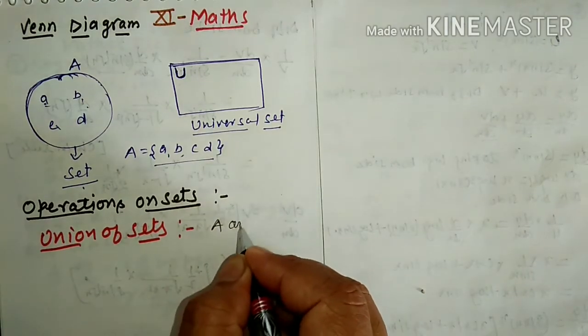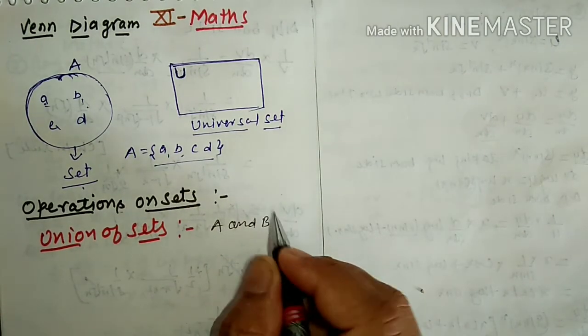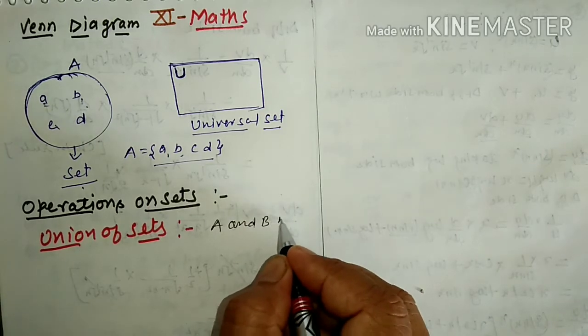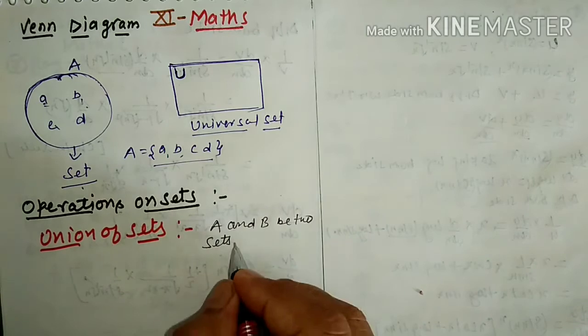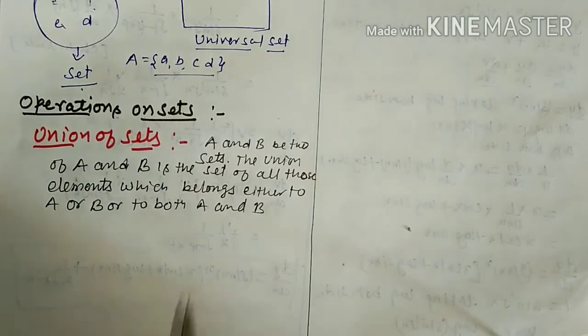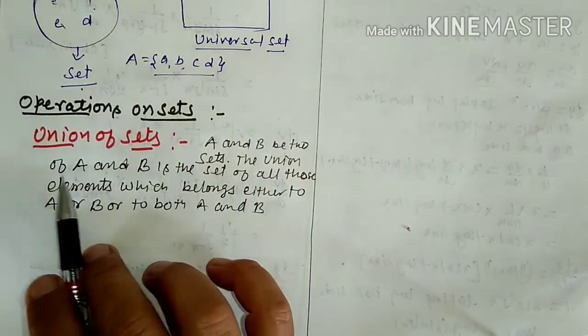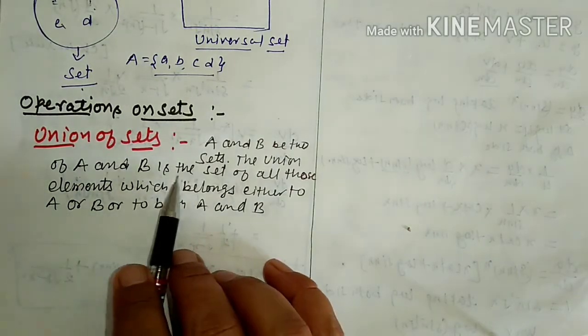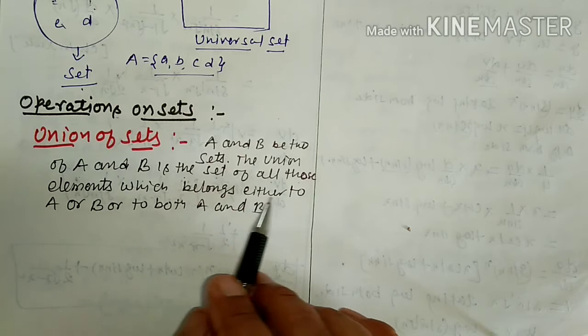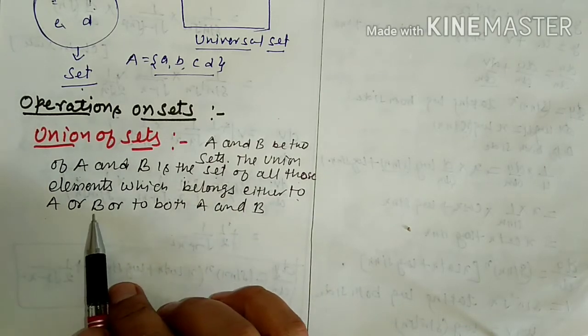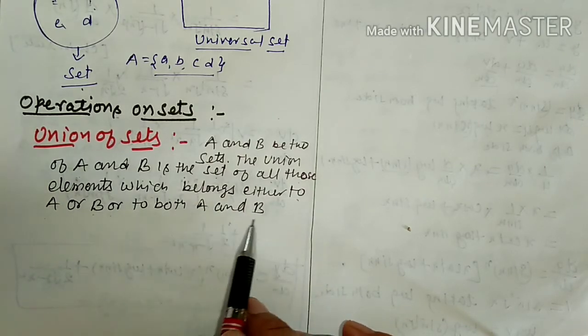Clear? The union of A and B is the set of all those elements which belong either to A or to B or to both of them.